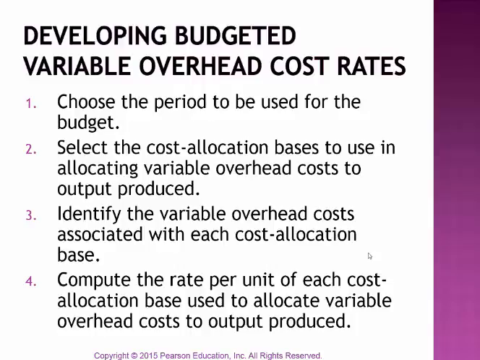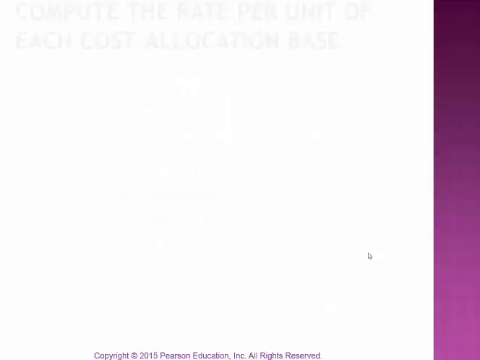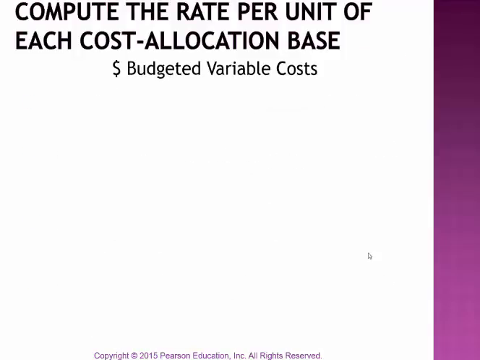All right, so we're going to come up with a variable overhead per unit of. All right, so here is what our formula would look like. We're going to take the dollar amount budgeted for the variable cost. We're going to then divide it by the quantity of the cost allocation base.